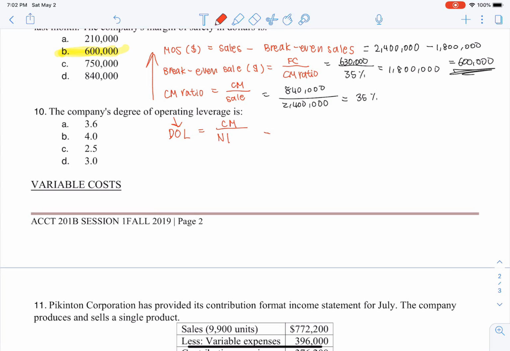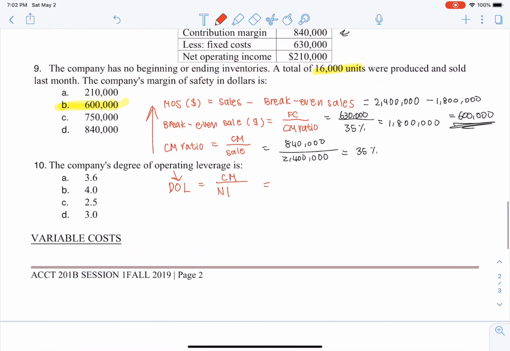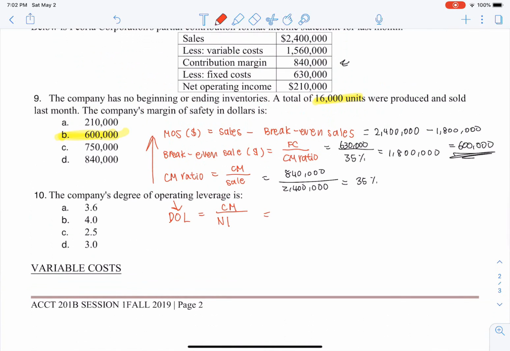So look back to our chart. The contribution margin is 840,000. The net income is 210,000. We just divide it, and we get 4, and that's our answer for B.